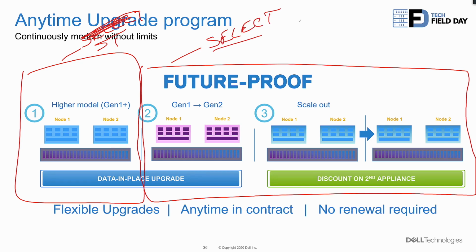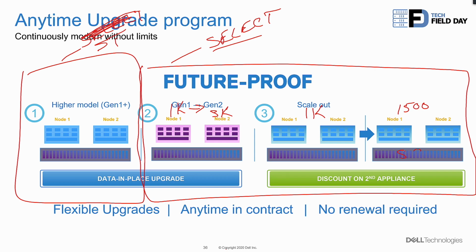And with anytime upgrade select, since the customer is owed a controller upgrade, so instead of here they would go from a 1000 to a 3000, they could say, hey, look, this thing can scale out. I'm doing fine. I want to keep my 1000, but I want to take that investment and I want to add your new 1500, right? And I'm going to get these controllers.